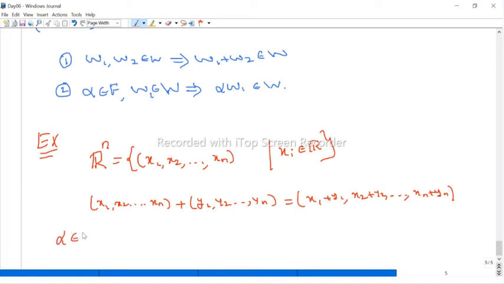Now suppose you take some scalar alpha in the field F, and any element x equal to (x1, x2, etc., xn) in Rn. How will we define this scalar multiplication, alpha times x, where x is this n-tuple? You have to multiply alpha into each term: (alpha times x1, alpha times x2, etc., alpha times xn).